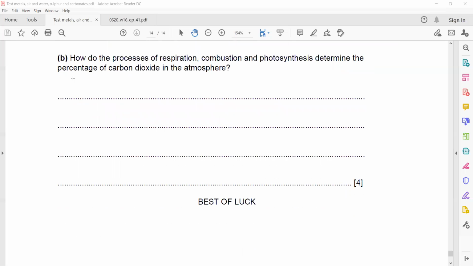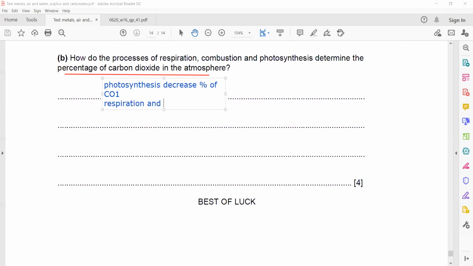First you have to mention which one increases the percentage and which one decreases it. Photosynthesis decreases the percentage of carbon dioxide, whereas respiration and combustion, when we are burning things, increase the percentage of carbon dioxide.